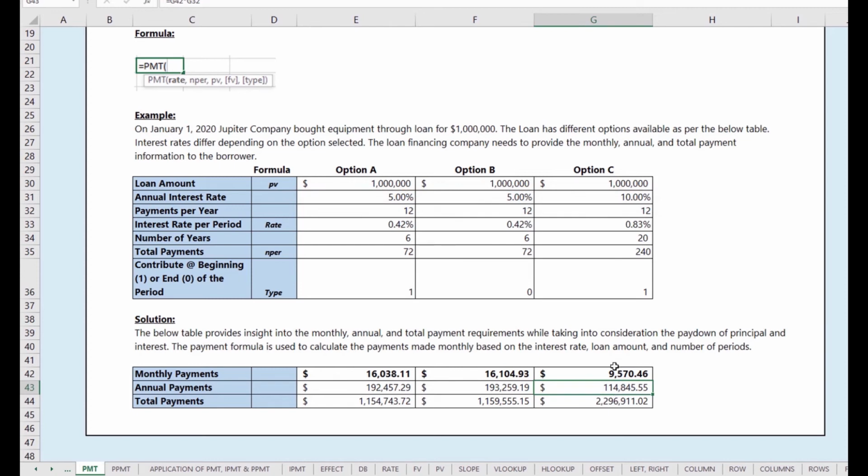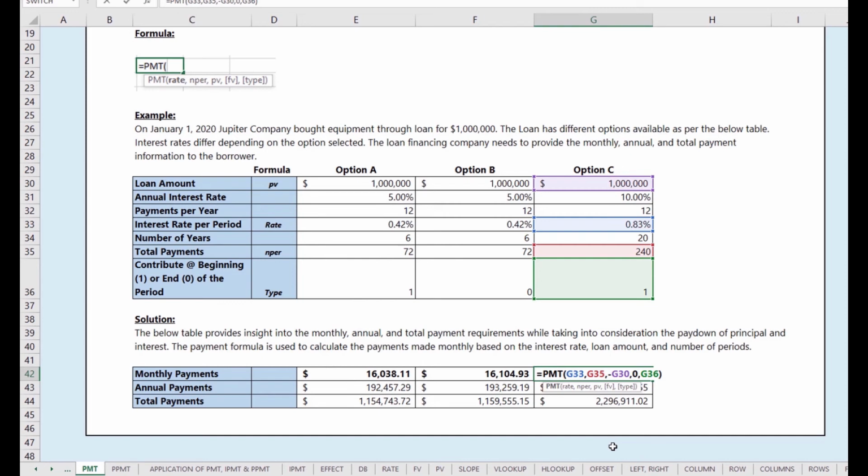So I think one of the benefits of using this formula is it can obviously tell you what the constant blended rate of principal and interest is going to be over the life of the loan. It can also show you the difference between the amount of payments that need to be made under different scenarios.